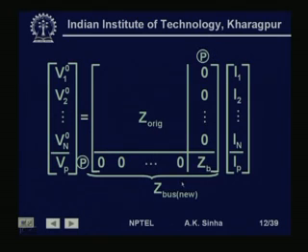This modification is very simple. Whatever matrix we have, we add one row and one column to it, and all the elements of this extra row and column are zeros except the last element, the diagonal element, which will be equal to Zb, the branch impedance that we are adding from the new node to the reference node.